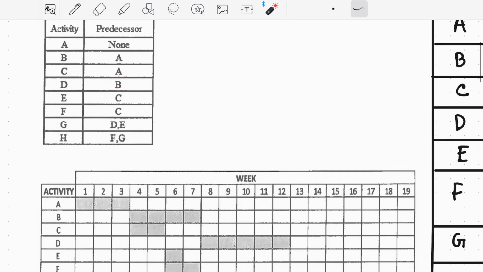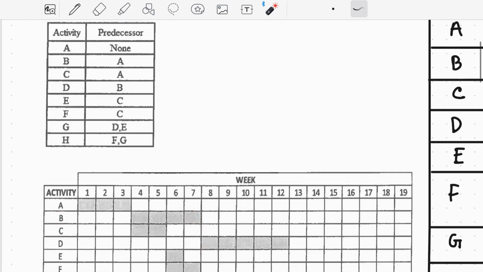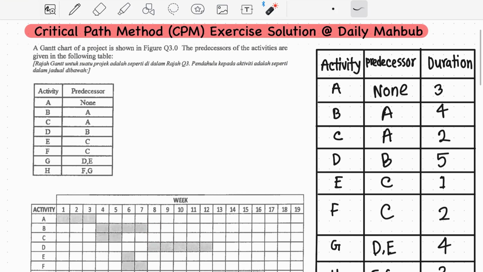You can see here for the B activity, it starts from week 4 and finishes on week 7. So D is starting after B finishes. After B finishes, our D will start. So in this case I think you already got what the predecessor means.